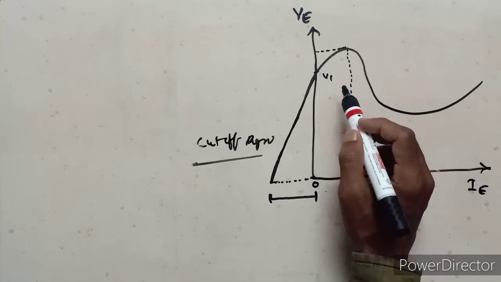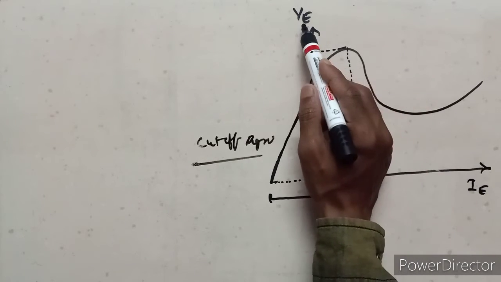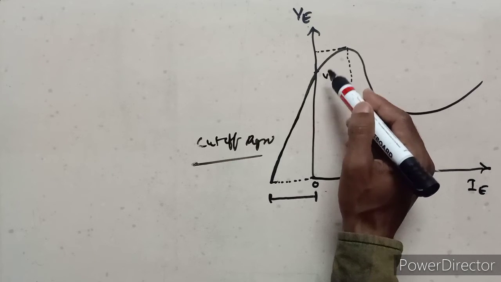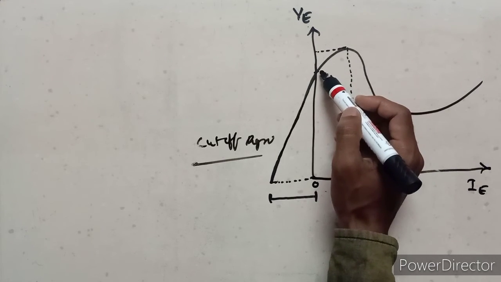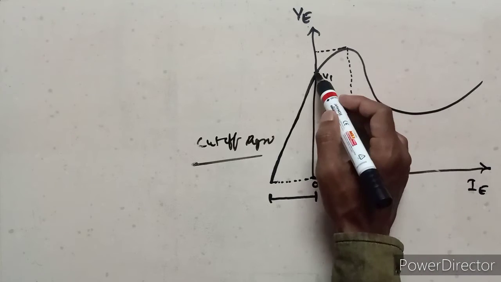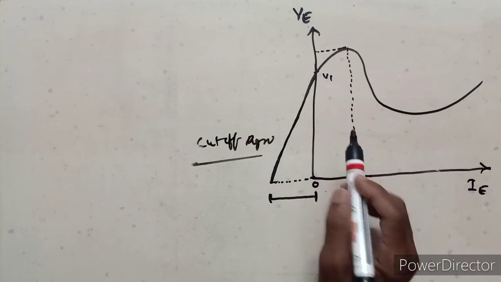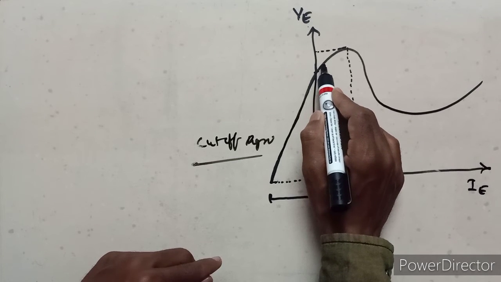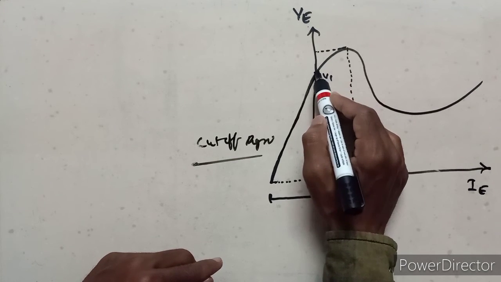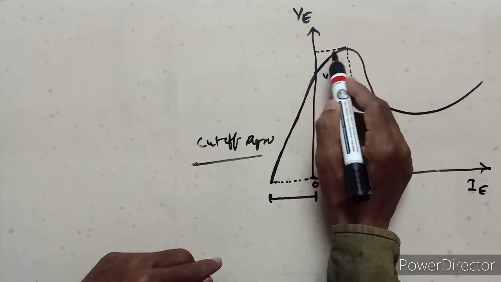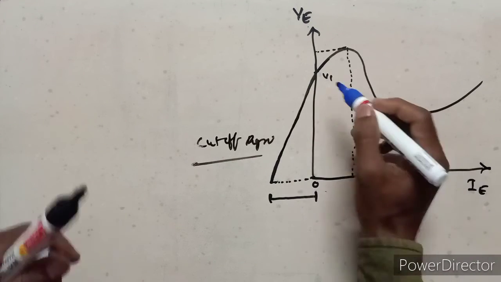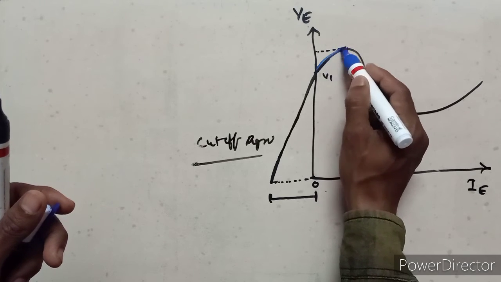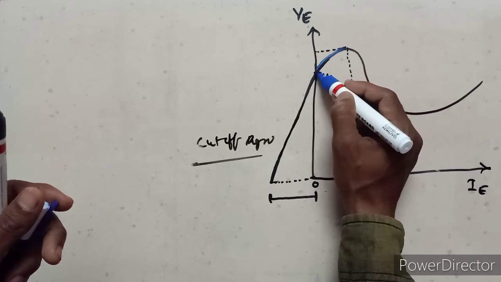When VE, the emitter voltage, is slightly greater than V1, then the forward current begins to flow and increases from this state to this state.